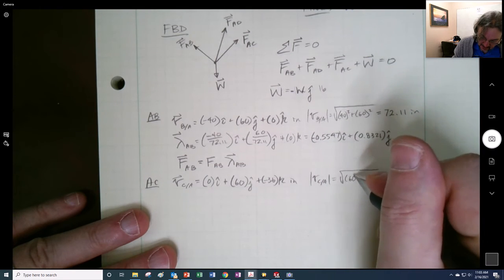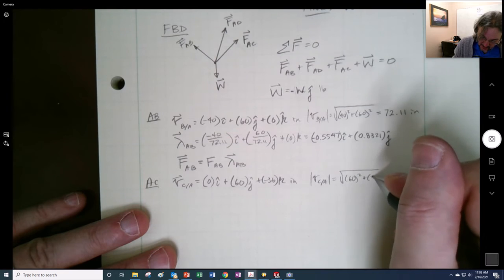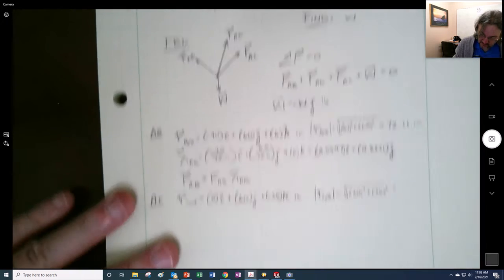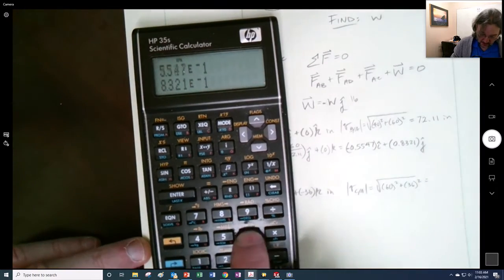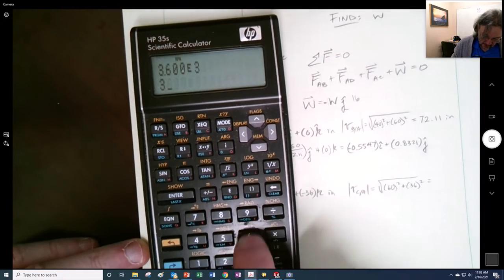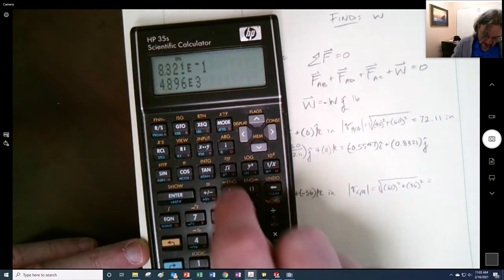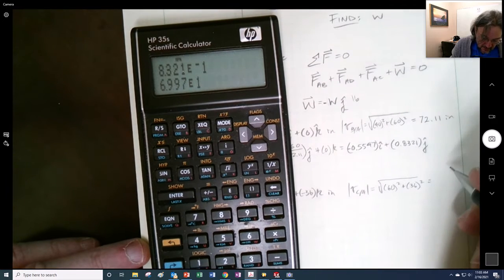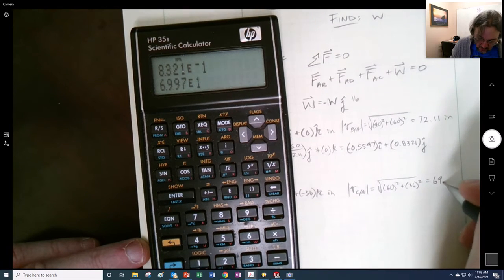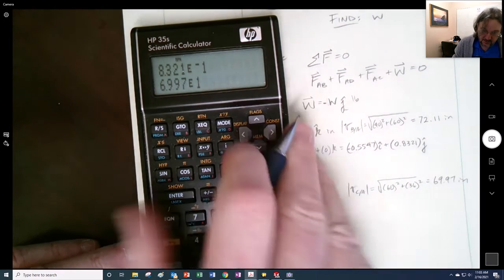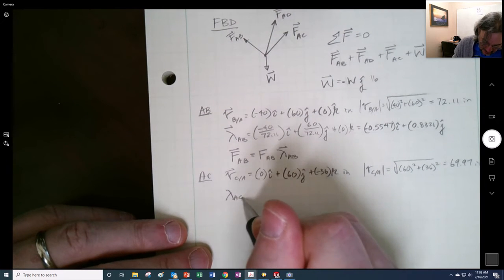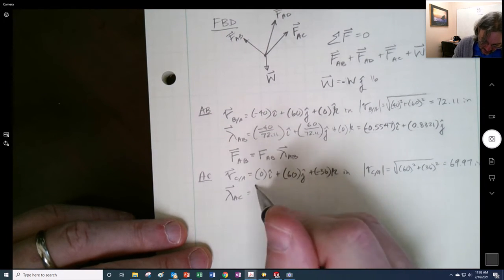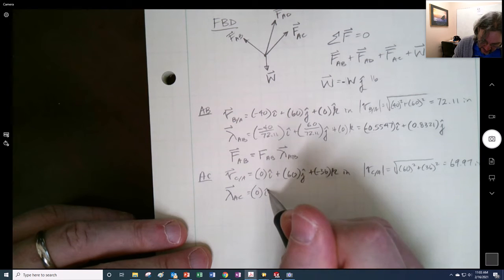It's going to be 60 squared plus 36 squared, and we have 69.97 inches.